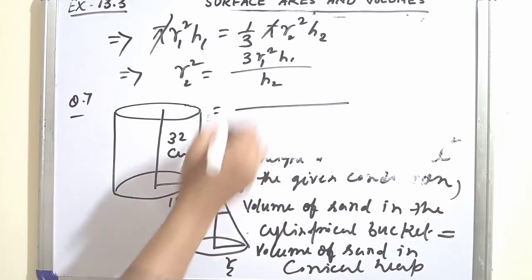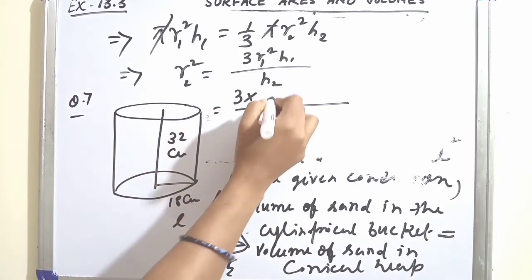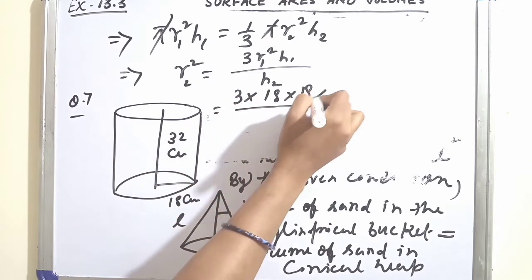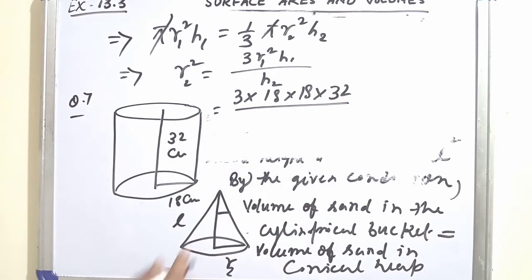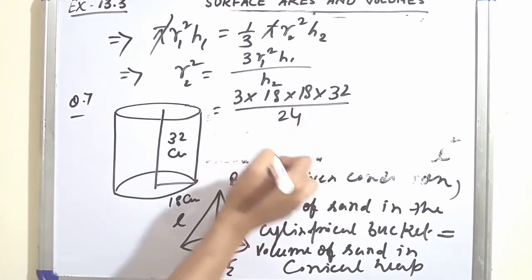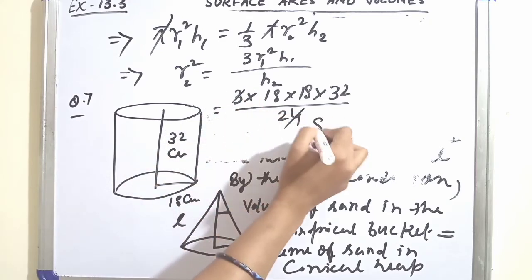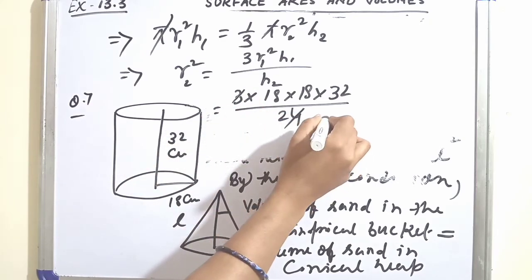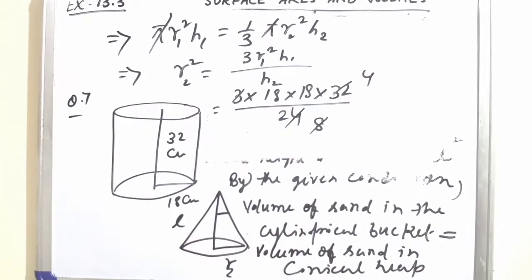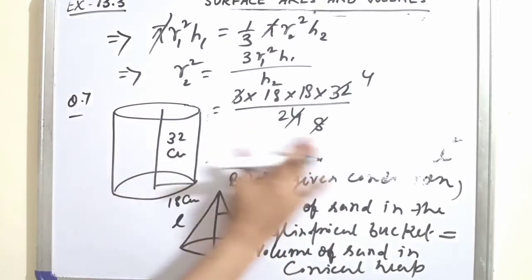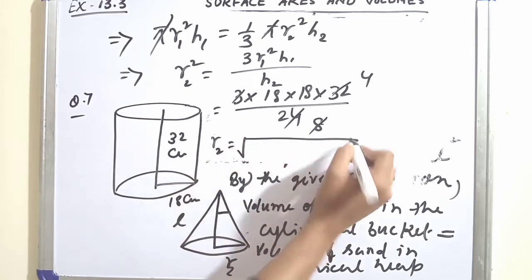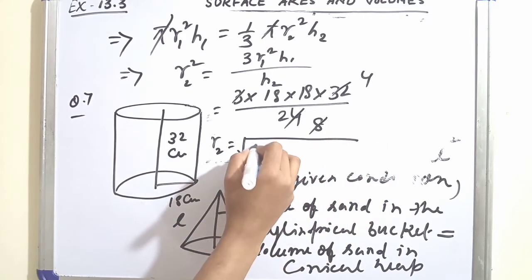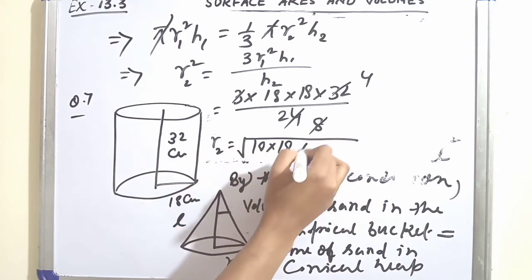Now just put the values. 3 times r1 means 18, 18 into 18 into 32 upon 24. 3 8s are 24, 4 8s are 32. So that means R2 is equal to root over 18 into 18 into 4.